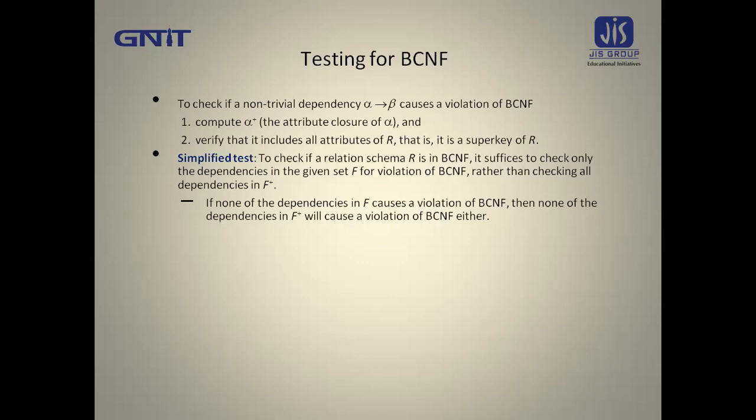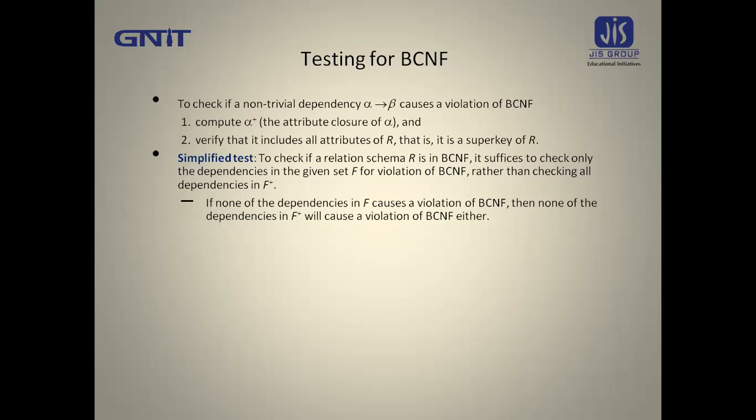Now to check if a non-trivial dependency alpha implies beta causes a violation of BCNF, we first compute alpha plus, which is the attribute closure of alpha, and we verify that it includes all attributes of capital R, that is, it is a super key of R. Then we apply the simplified test.